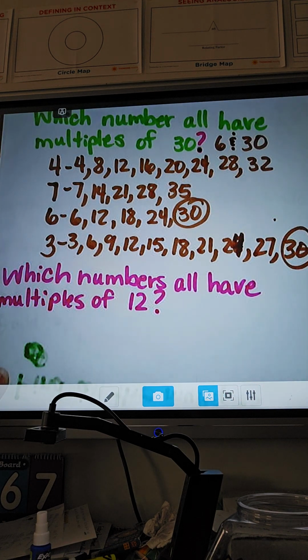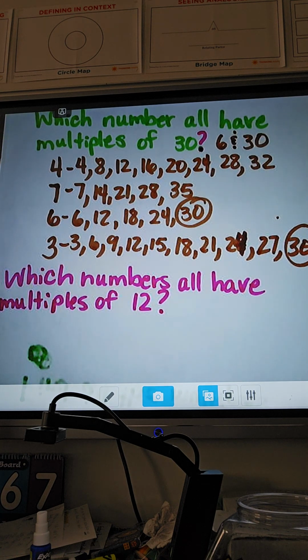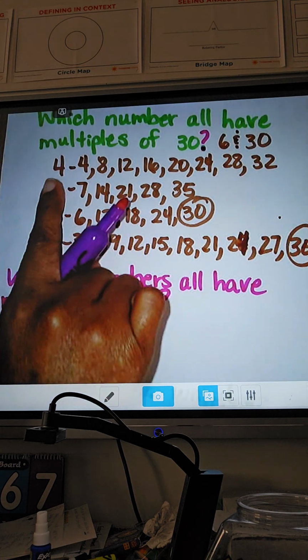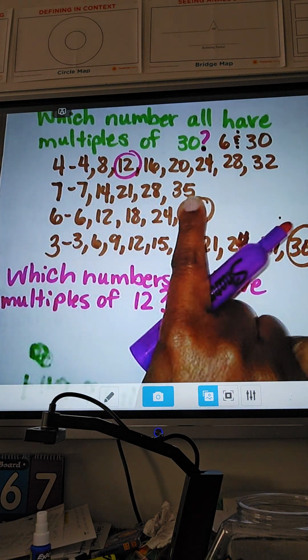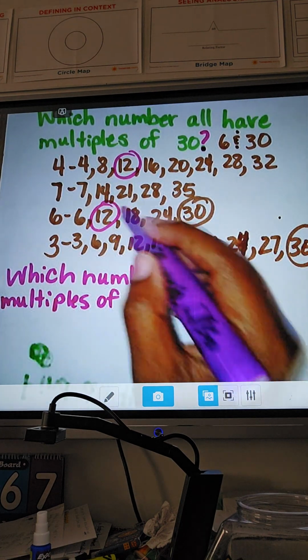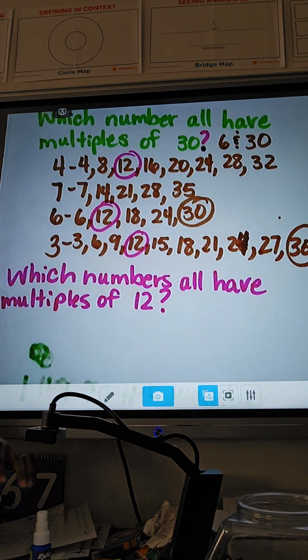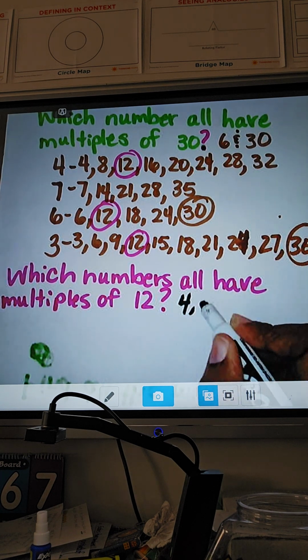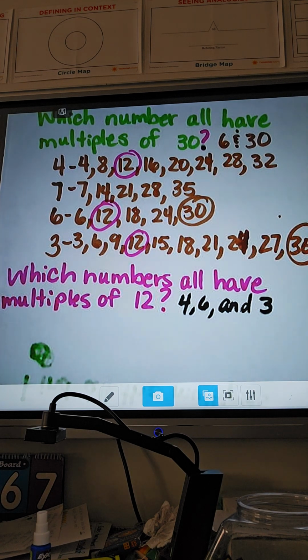Should have been a question mark up there. All right, so if I look at the same numbers, which all have multiples of 12? Let's look. 4, yes, 4 has a multiple. 7, no. 6, yes. 3, yes. So my answer for this one would be 4, 6, and 3.